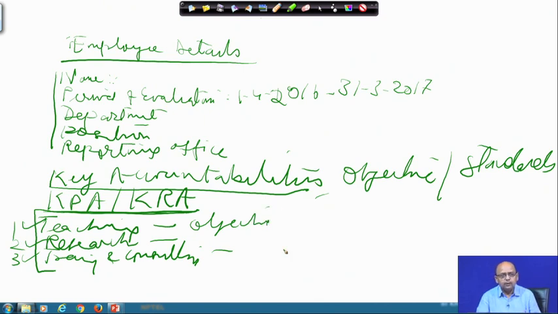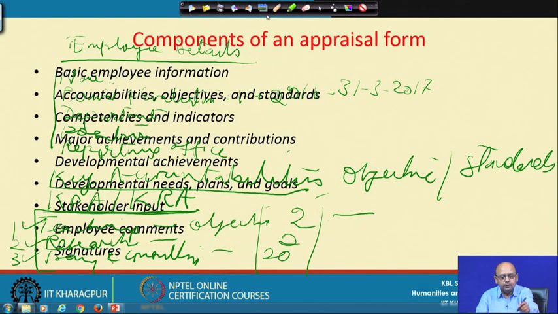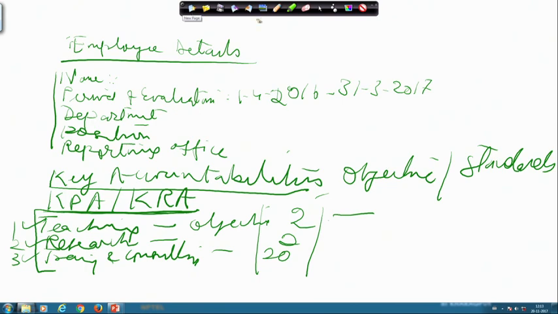For example, you say teaching 2 courses, publishing 2 papers, bringing 20 lakh rupees, something like that. So, based on this information you are going to evaluate, because they are going to act as a standard for you. So, what you are going to look at is the accountabilities, the objectives, the standards, and then at the next stage basically you are going to evaluate.